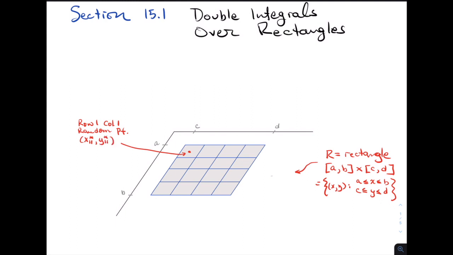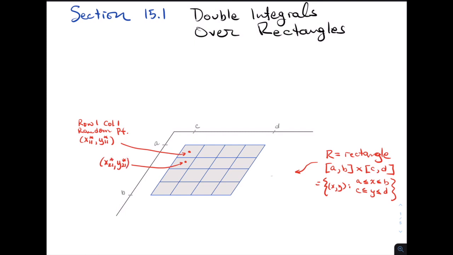The star indicates a sense of randomness. And just to make sure you're on board, this is another random point here, row 2, column 1: x21 star, y21 star, a random point in these little subregions.